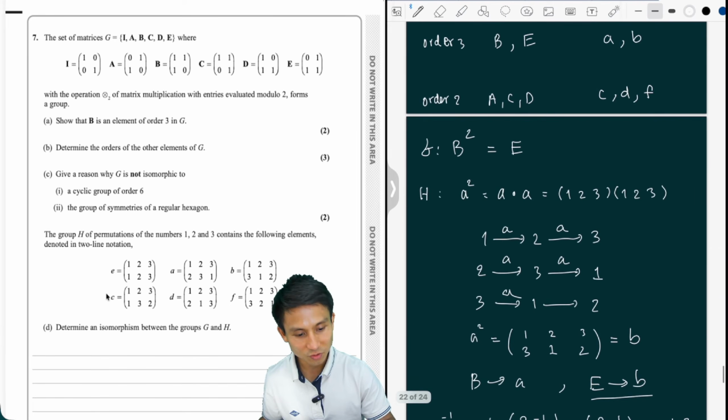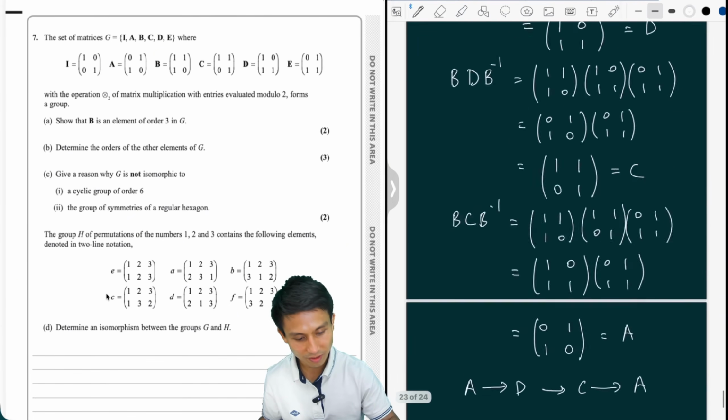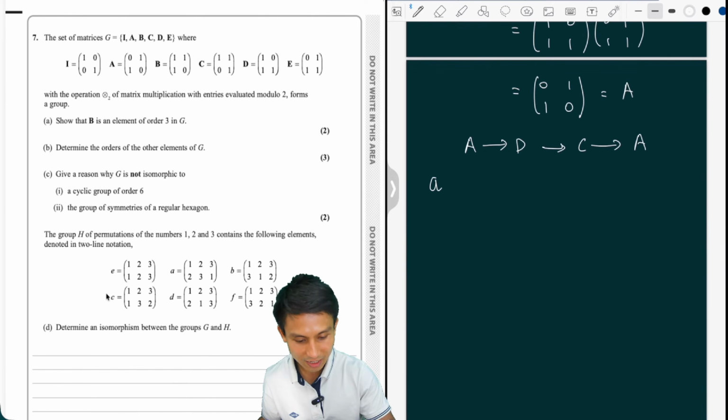Let's apply that to permutation C. So I'm going to write permutation A, C, permutation A inverse.